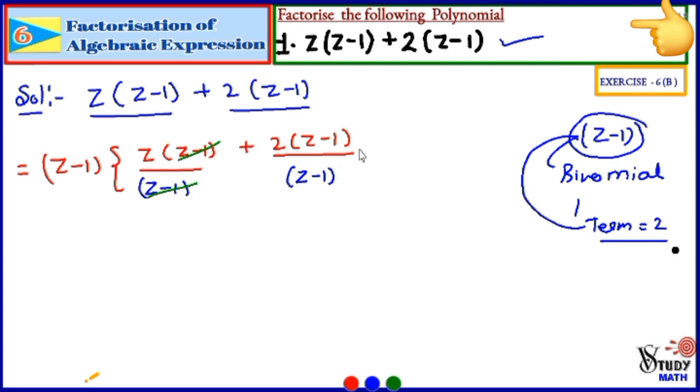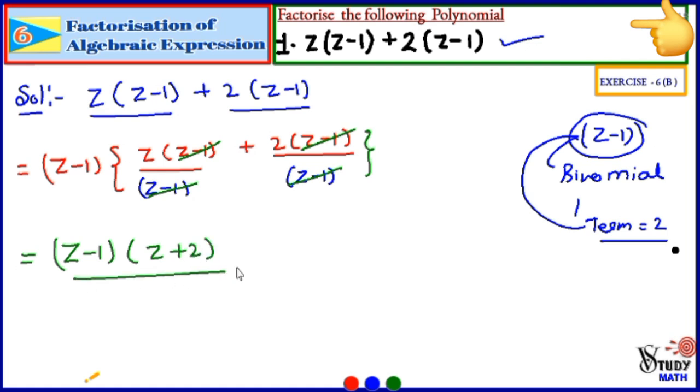In the same way, in the second term, this binomial and this binomial are the same in numerator and denominator, so they will cancel out each other. And after cancelling, what remains is z + 2, and this is the final answer of this problem, my dear students.